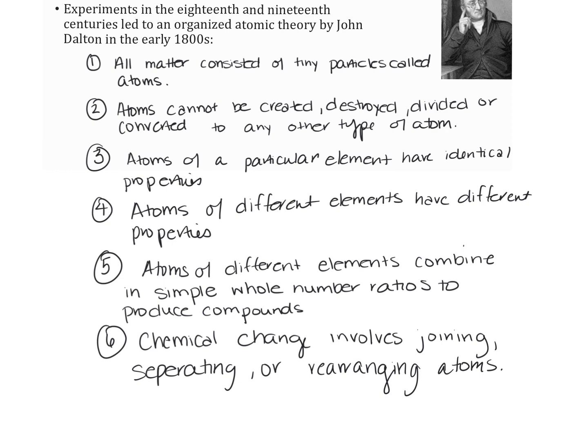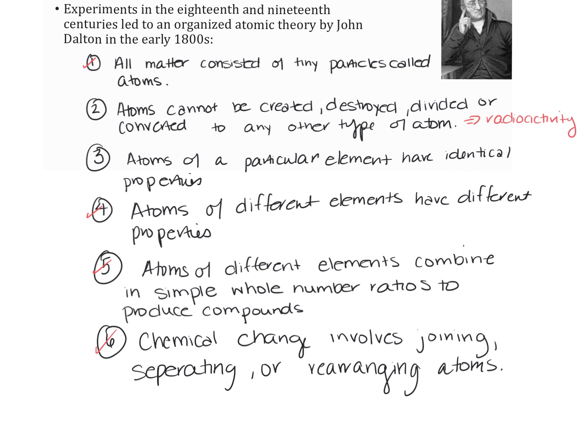and some of these have been adjusted because we have different discoveries. But postulates 1, 4, 5, and 6 still hold true today. So I want to talk about why postulate 2 doesn't hold true today, and it's because of radioactivity. Right, we can divide atoms.